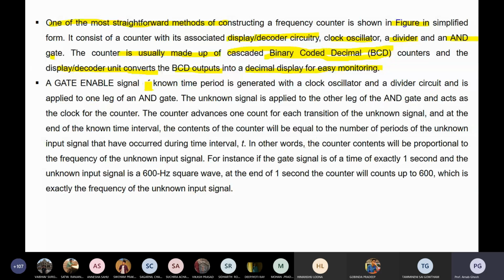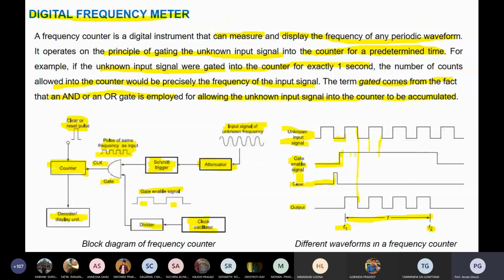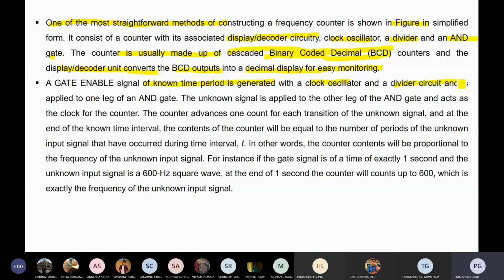At the end of the known time interval, the contents of the counter will be equal to the number of periods of the unknown input signal that have occurred in the time interval t. In other words, the counter content will be proportional to the frequency of the unknown input signal. I think all of you will be able to understand what I discussed here, which is written in the form of language. Exactly 1 second, and the unknown input signal is a 600 square wave.